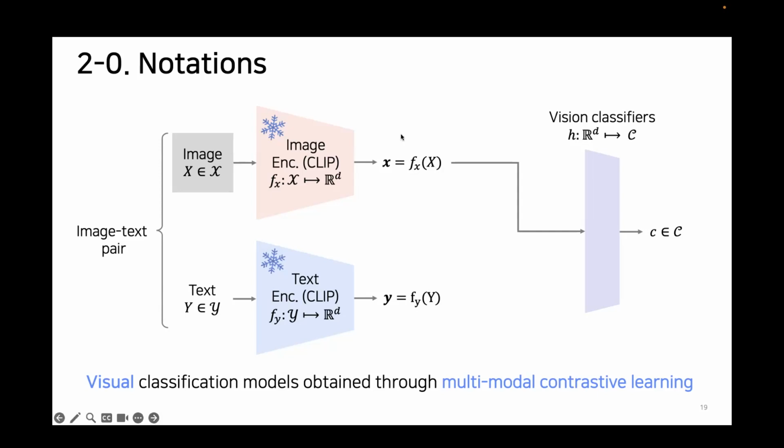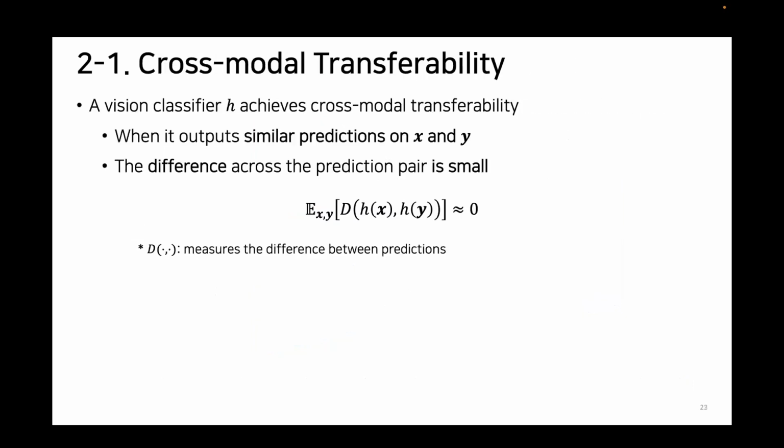So trained with the image embeddings. I see. Actually, in the notation, X and Y are not the image and the text themselves, but the latent features. Latent features. So it is trained with image embeddings, but when we test this trained vision classifier, regardless of the modality, if it predicts similar outputs, then we can say it has cross-modal transferability.